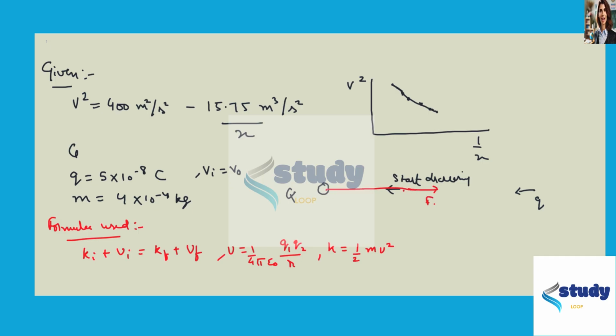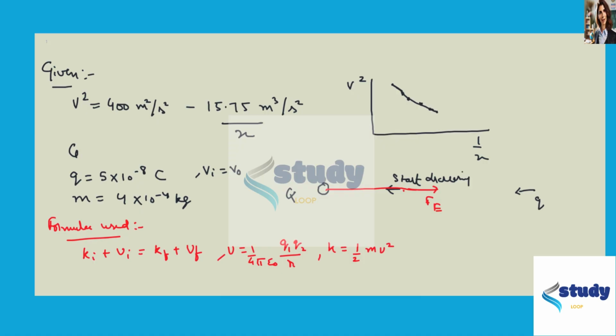So we have this electric force in the opposite direction to the moving velocity of the small q. Definitely the particle will experience this force and the particle will decelerate, and when the particle decelerates, the velocity will keep decreasing.